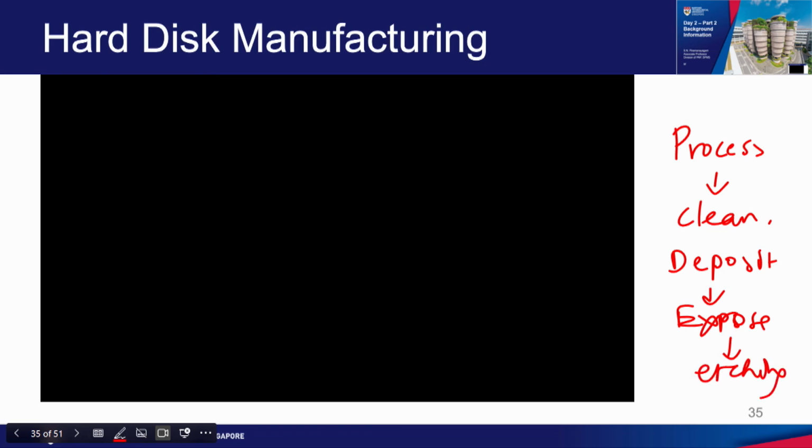For example, you clean the substrate, deposit some resist, spin coat, then expose, lithography, etching. Let us say these are some examples of process steps.